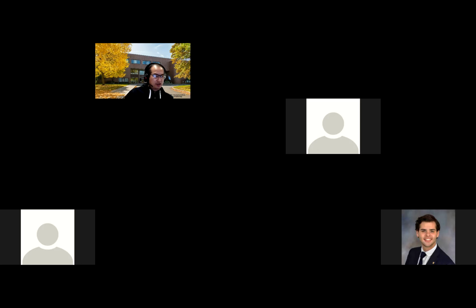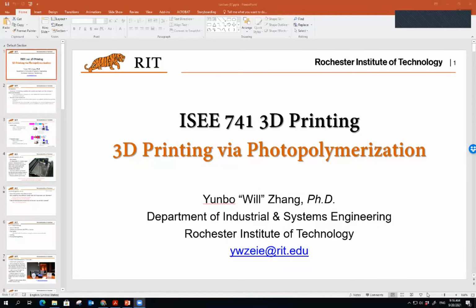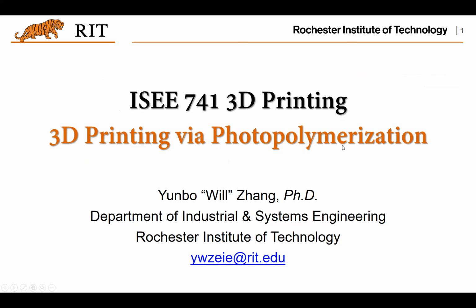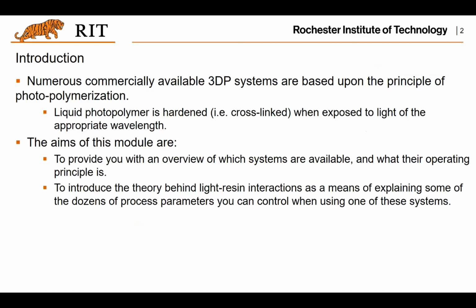Okay, let's continue. So let's talk about the photopolymerization process, which is the one you will probably take a look at in the lab session. Photopolymerization is also a very important additive manufacturing process.